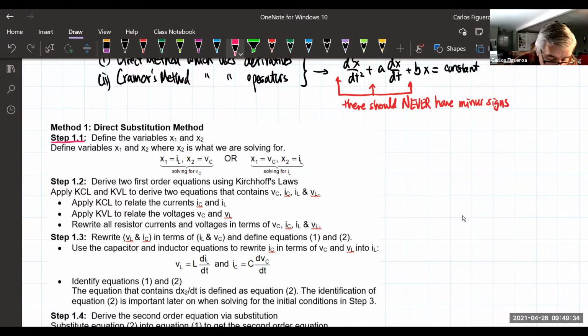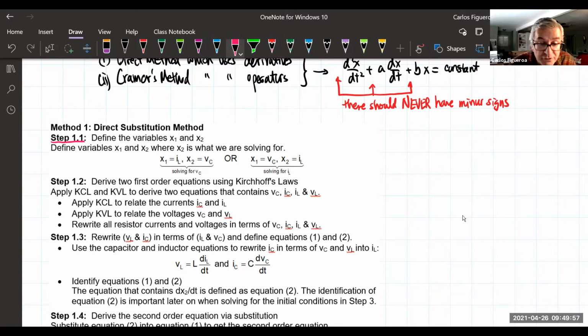So when I define my variables x1 and x2, if I'm solving for VC, then I always choose the second variable for what I'm going to solve for. So if I want to write a differential equation for the voltage of the cap, then x2 should be VC.